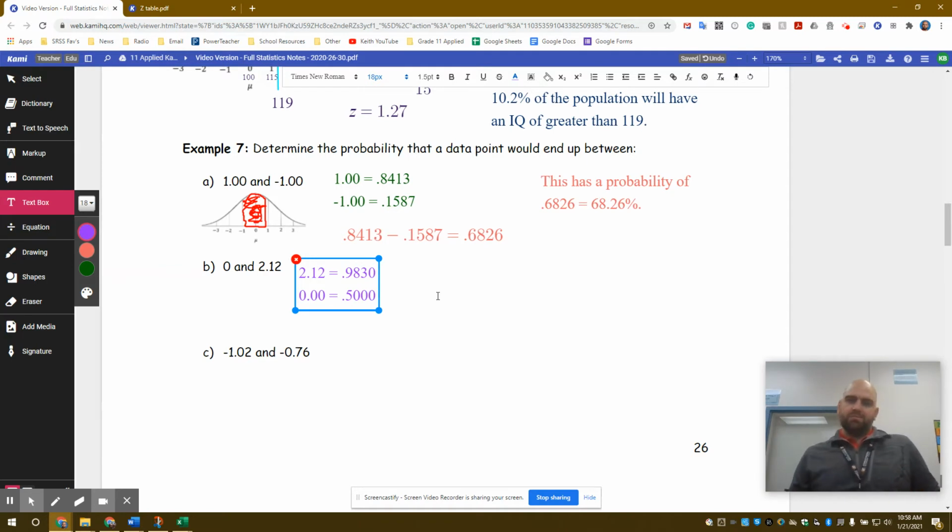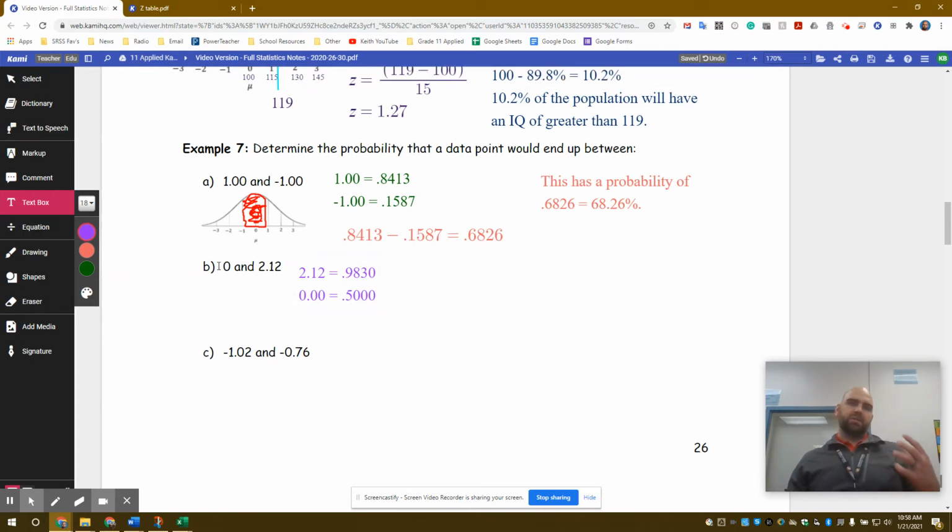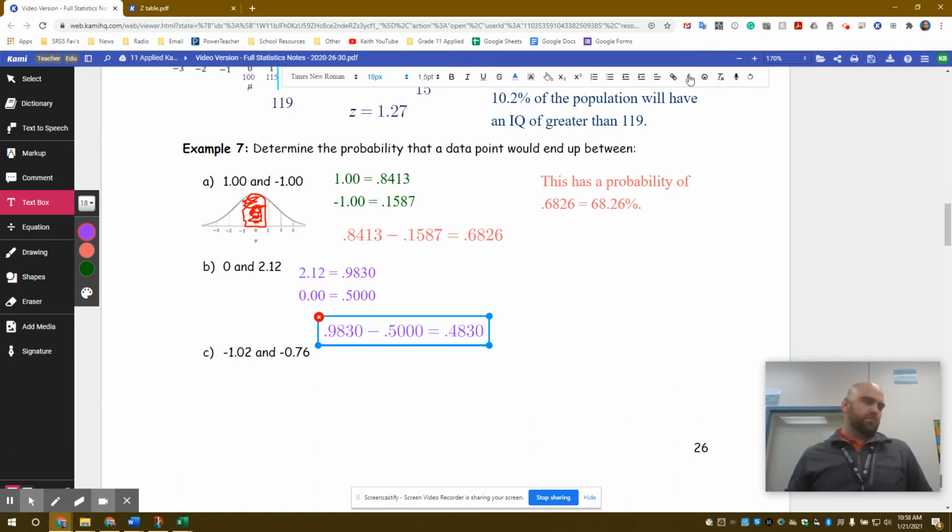Okay, 0 is the mean. That means that half is below, so that's 50%. So we want to find the percentage between 0 and 2.12. So then we subtract. 0.9830 minus 0.5000 gives us 0.4830.